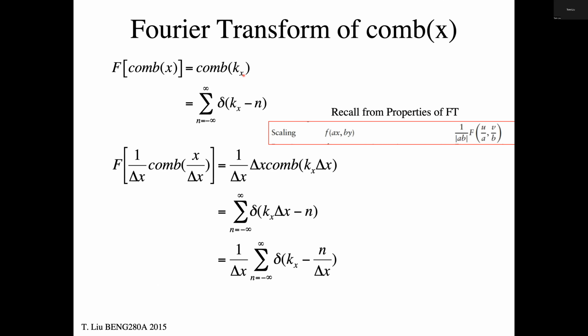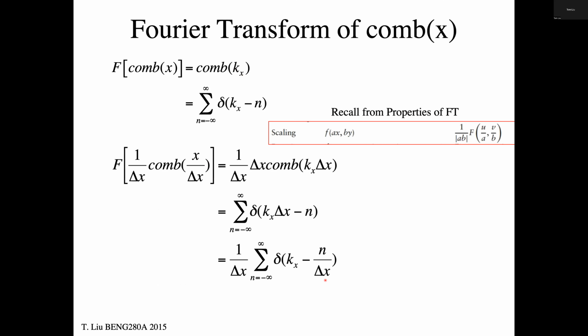So you always hit the peaks. So you're going to get a set of sinusoids as opposed to some continuous function. So in some ways it's intuitive, but anyway, the Fourier transform of a comb function is a comb function.